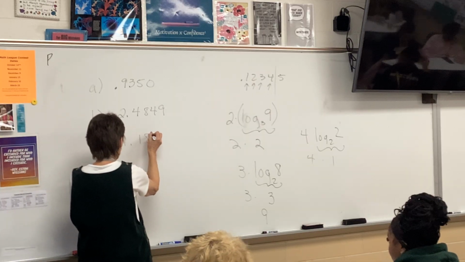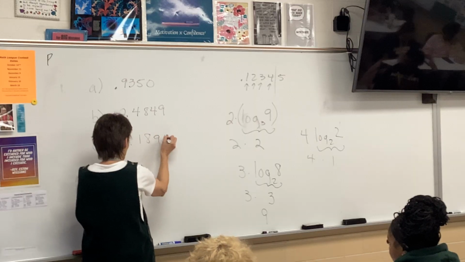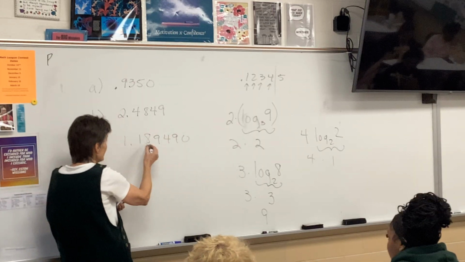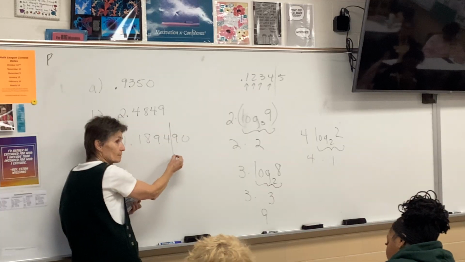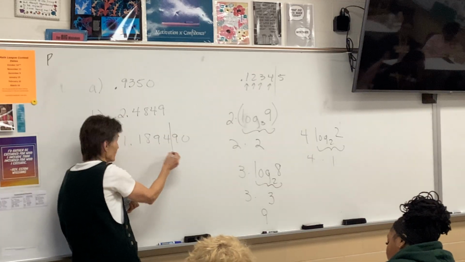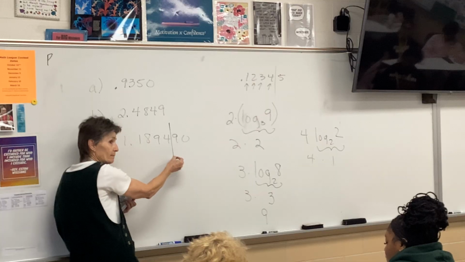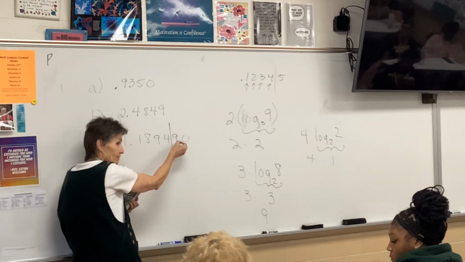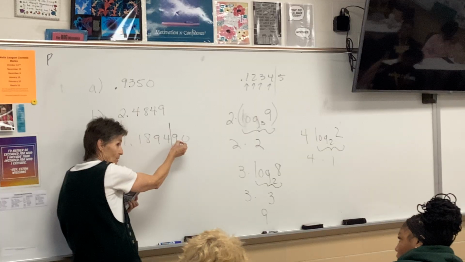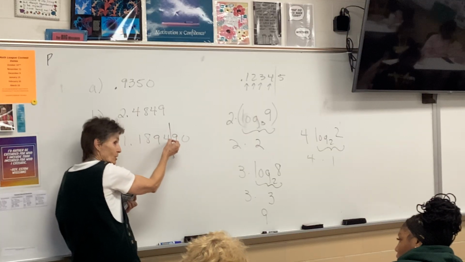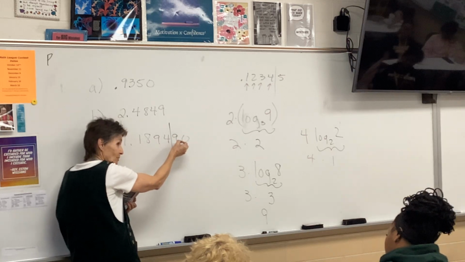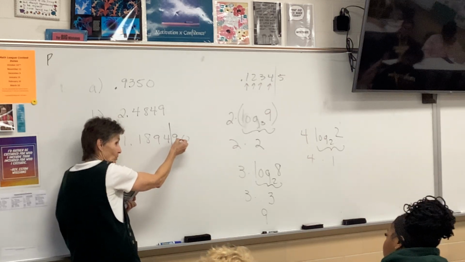1.18, now watch this. I'm going to write it all out here. This is what my calculator says. I need to round it off right here, to 4 decimal places. Everybody in agreement? The next number is a 9, which tells me this guy is going to get rounded up. 5 or bigger rounds up.